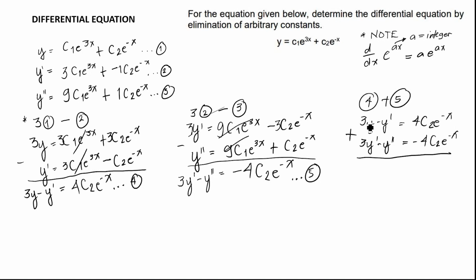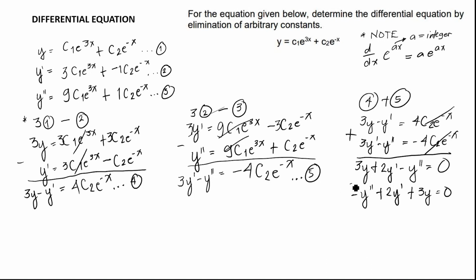Adding, 3y cannot be added to y prime because this is y and this is y prime. What we can add is the negative y prime and the positive 3y prime. So we have plus 2y prime minus y double prime is equal to positive 4c2 e raised to negative x plus the negative 4c2 e raised to negative x. This will be cancelled out. So rearranging, let's have negative y double prime plus 2y prime plus 3y equals 0.